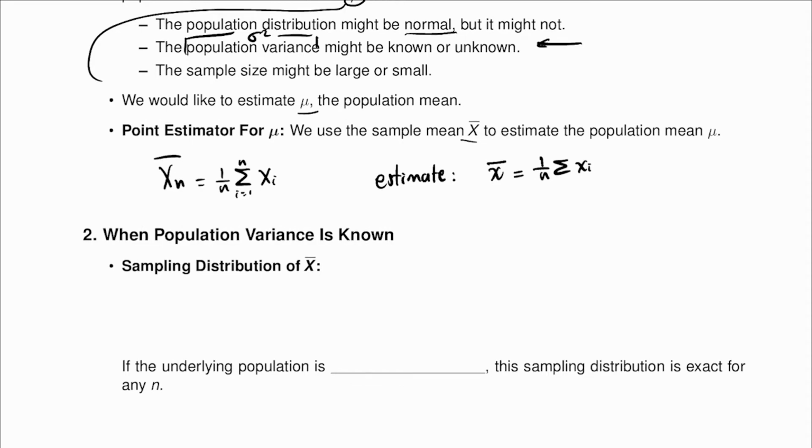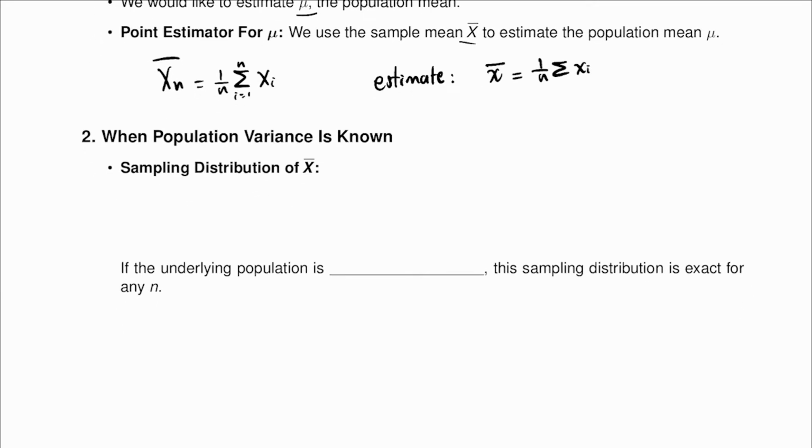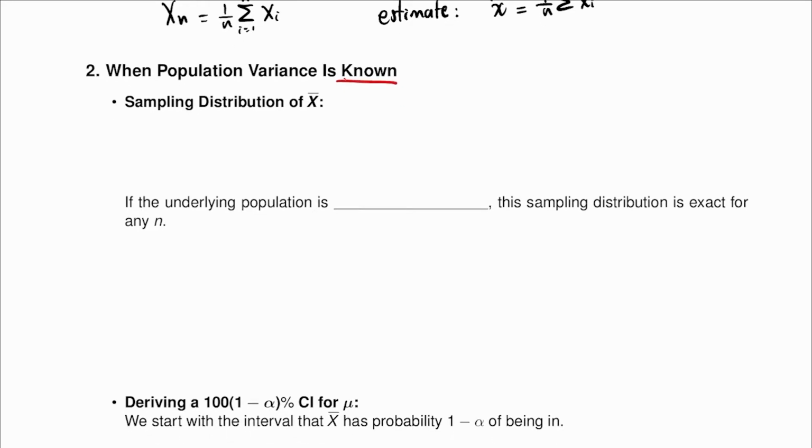Okay, the first case that we are going to cover is when the population variance is known. It's something that is not very common, but it's important to cover it, and we will understand how to do it. Okay, the sampling distribution of x bar.